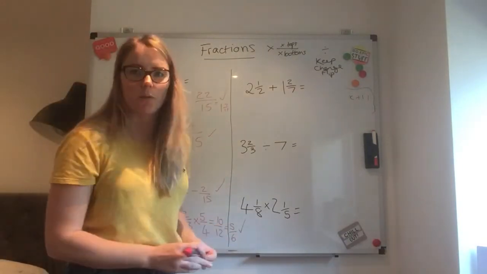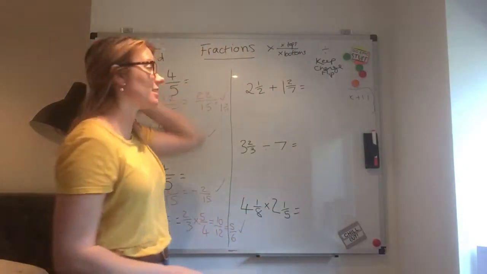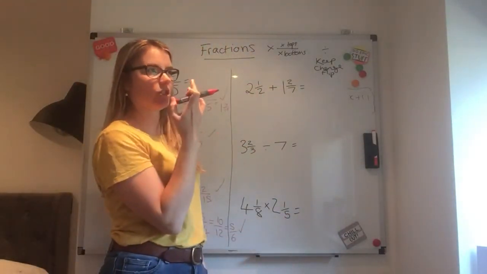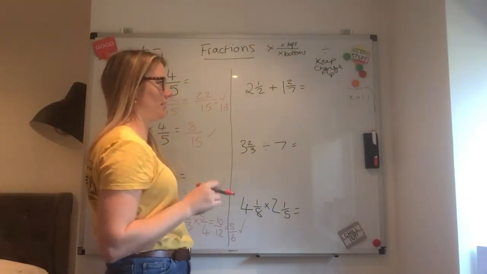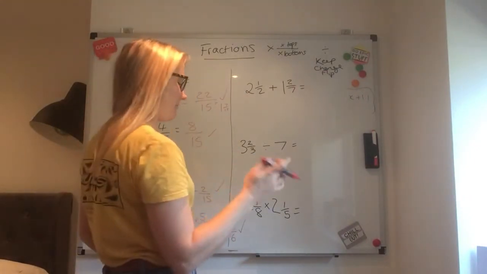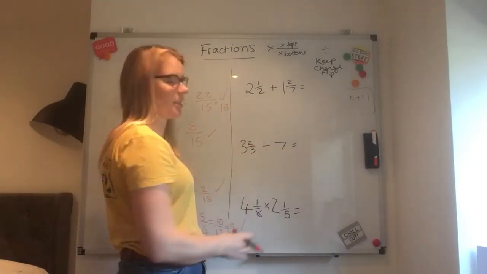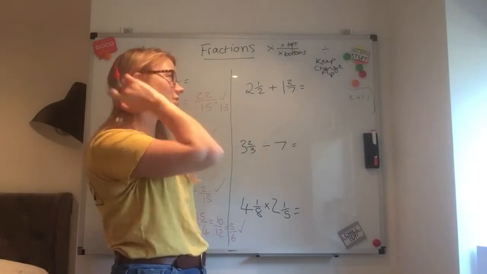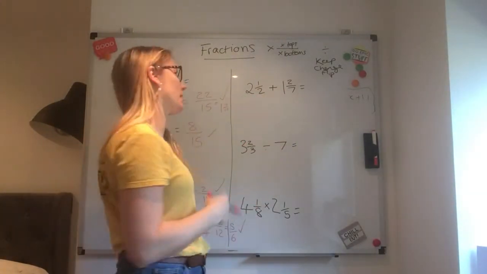Right, harder ones, you've got mixed numbers. I'd say always convert to improper fractions first, because if you just do that, then you're not going to go wrong with your timesing and dividing. I know that you can add the 1 and the 2, but you're better off doing it this way.